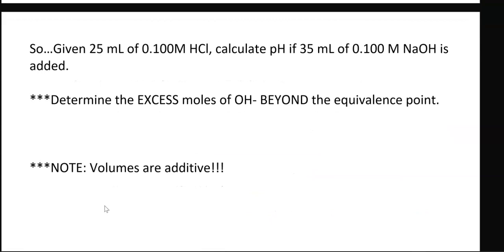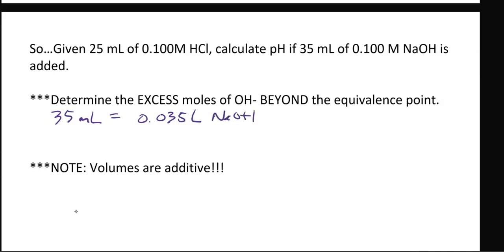So we have a given volume of acid, 0.1 molar hydrochloric acid, and we're asked to calculate the pH if we have 35 milliliters of sodium hydroxide that have been added. So like we said on the previous page, you need to determine the excess moles of hydroxide beyond the equivalence point. 35 milliliters is the same as saying 0.035 liters, and that's your base.